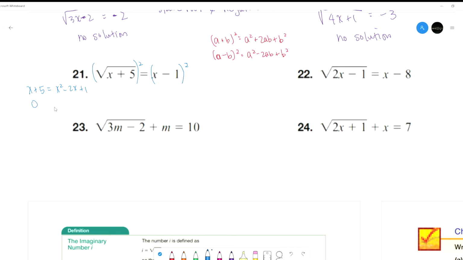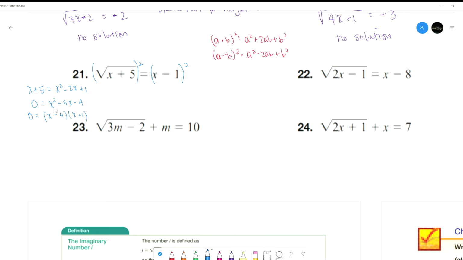So 0 is equal to x squared, and then you have to subtract x, so this is minus 3x, and then minus 5, so that's minus 4. As you solve this quadratic, you'll see that this is factorable. So I get 0 is equal to x minus 4 and x plus 1.